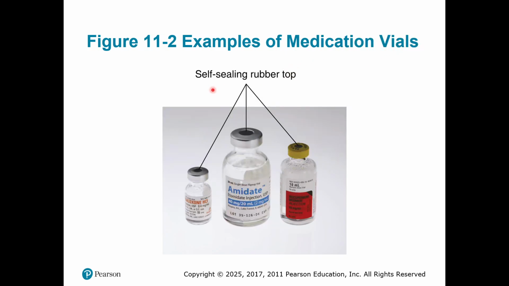Examples of medication vials here again. We have self-sealing rubber tops. So after you put either a needle in this or some type of needleless needle through here, it reseals. Pretty cool.